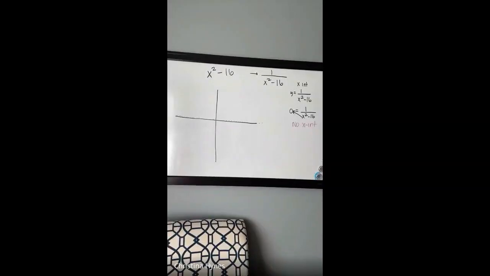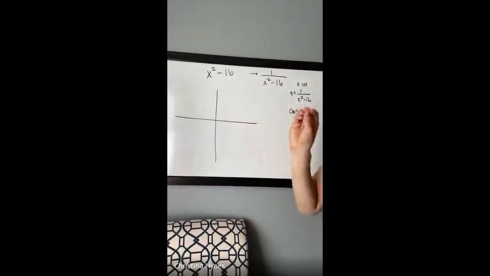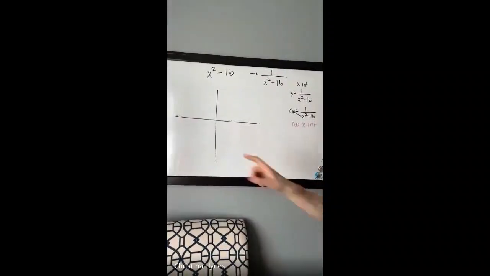Next year in 30-1, there will be x-intercepts because the graph will move up and down, left and right. But for this year, 20-1, you're going to have a horizontal asymptote, which is a line that the graph gets very close to but doesn't touch. It's going to occur right there at y equals 0.